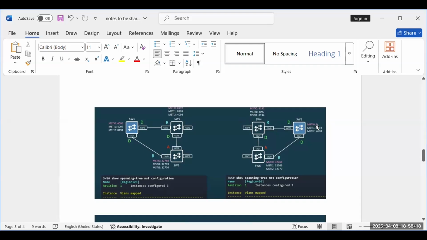So what happens if you consider only this segment? This is elected as the root bridge. Both are designated ports on the root bridge. On the non-root bridges, there will be one root port connecting to the root bridge. So here is one root port, here is one root port.